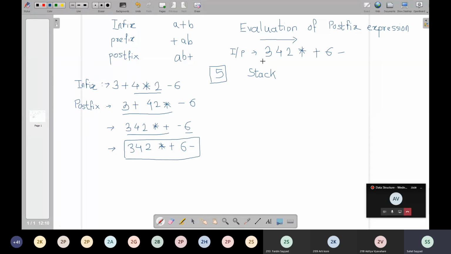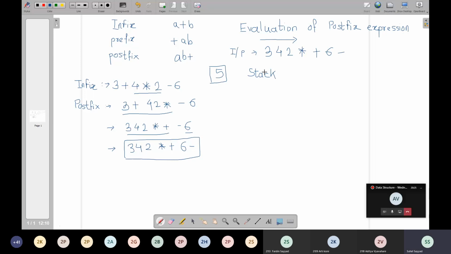That when you scan this expression from left to right, you encounter an operator. So these are two things that may occur. Now we have to study the rules of what we need to do when we encounter an operator and an operand. So let us write down those rules. We are discussing now evaluation of postfix expression.